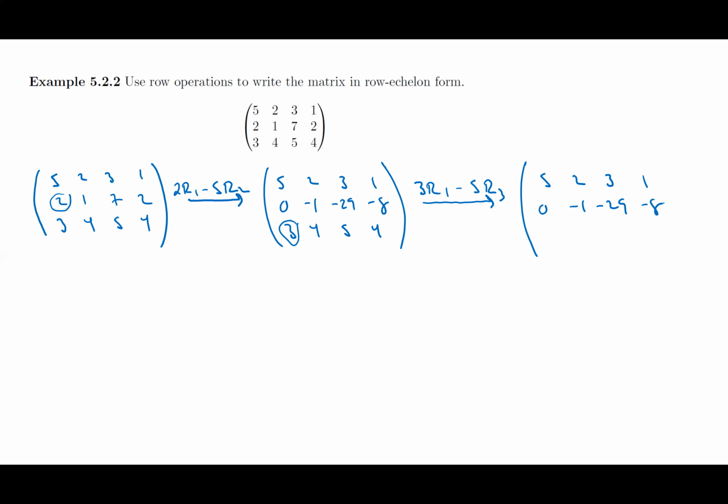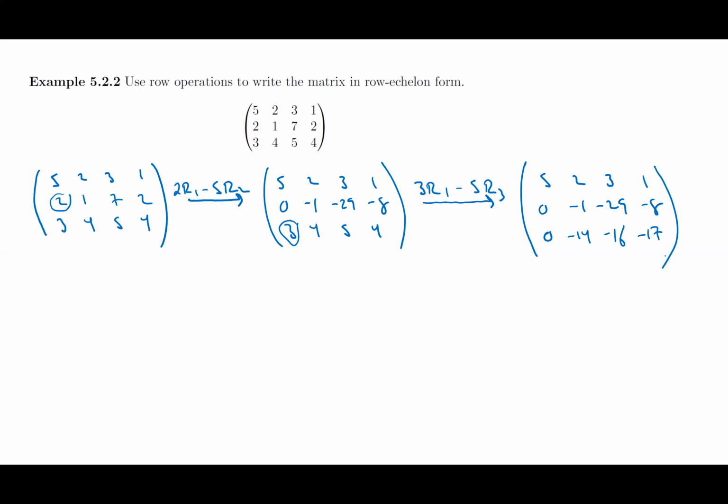And then here we go. 15 minus 15 is 0. 6 minus 20, negative 14. 9 minus 25, negative 16. And 3, 5 times 4 is 20, so 3 minus 20, negative 17.